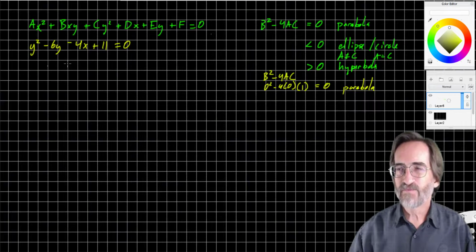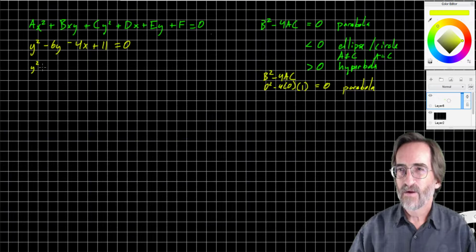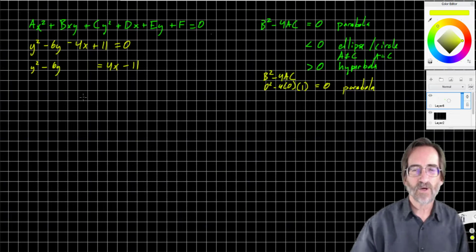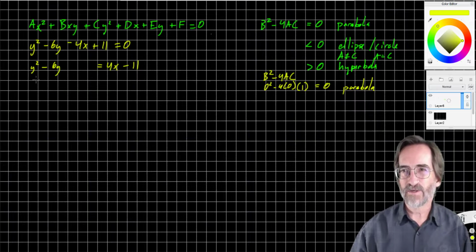As before, we're going to complete the square. So we're going to group the x's and the y's together: y squared minus 6y. I'm going to move the x term to the other side, 4x, and the constant term to the other side, because there's no completing the square on the x; it has no x squared term.